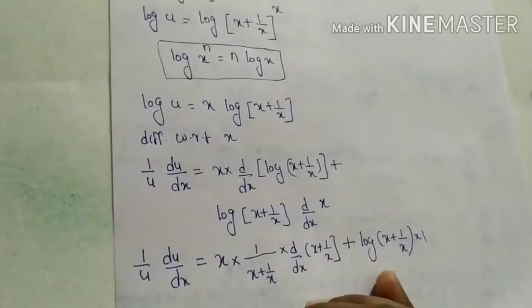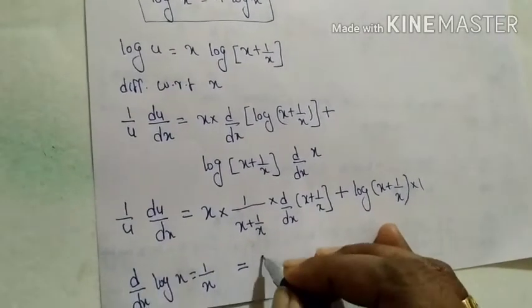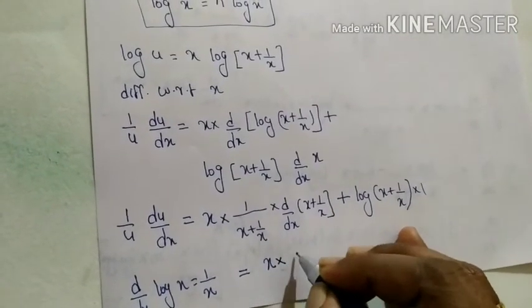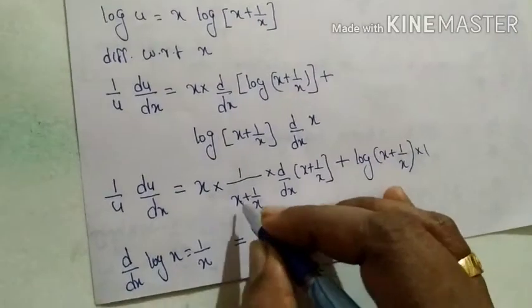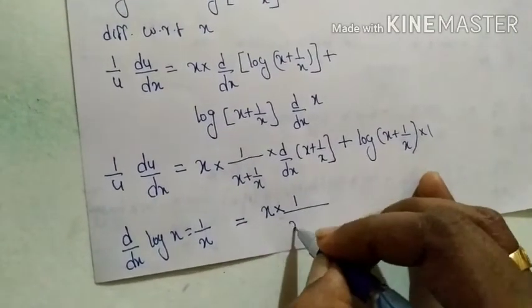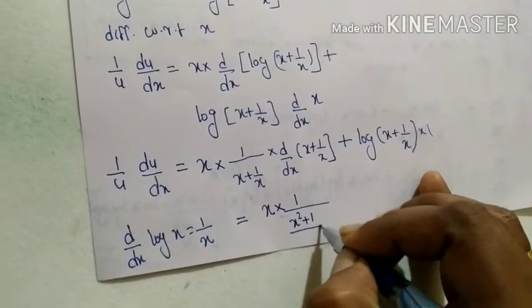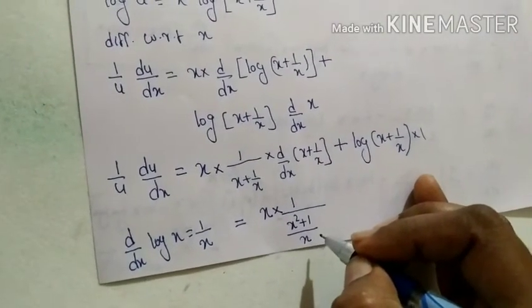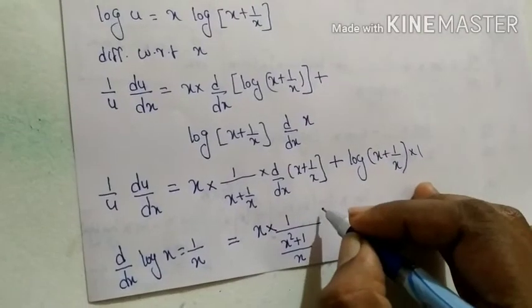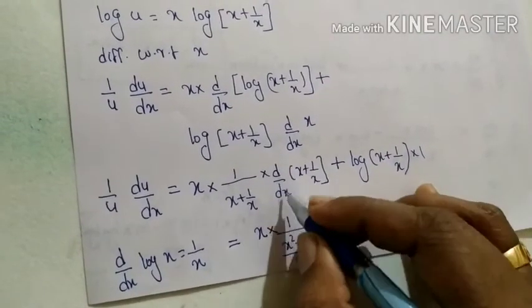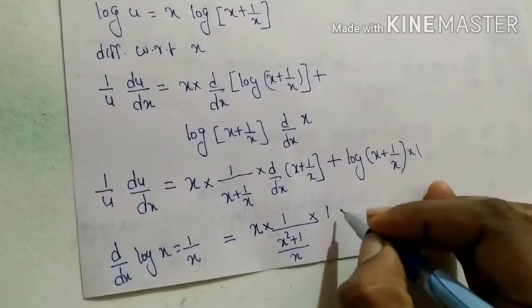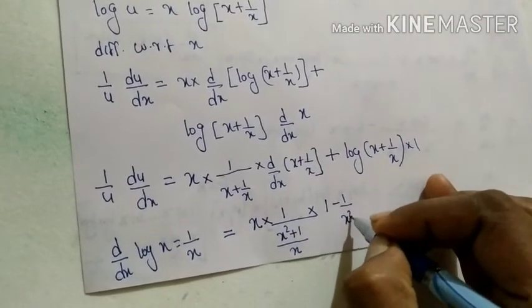which will be further equal to x into 1 divided by, after cross multiplying, we get (x square plus 1) divided by x, into the derivative of x, which is 1, and the derivative of 1 by x is minus 1 by x square.